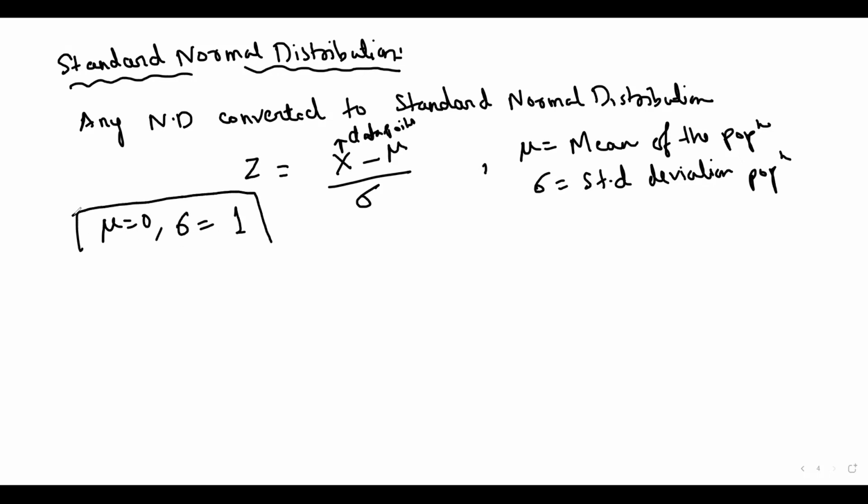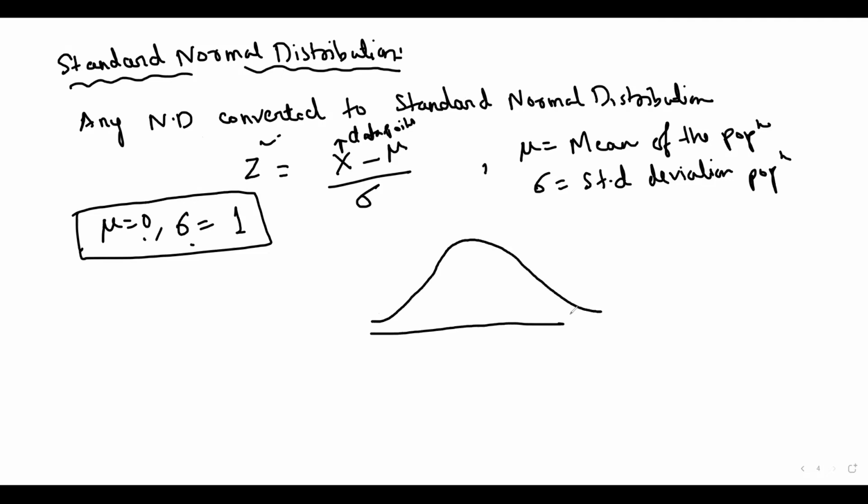This is very important, guys. So any normal distribution which may have a different mean, which may have a different standard deviation, can be converted to standard normal distribution with this formula. And the standard normal distribution has the characteristics of mean being 0 and standard deviation 1. So it will be like this, where mean will be 0, and this will be like 1, 2, 3, -1, -2, -3.